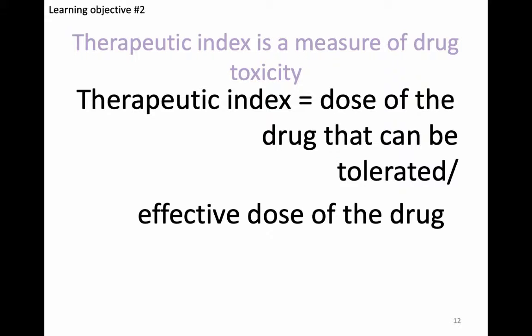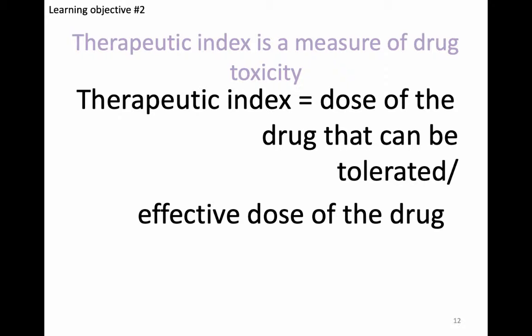If we have a number that's equal to 1 for therapeutic index of a drug, we see that the tolerated and effective doses of the drug are basically the same. So you will get some side effects probably from taking the drug. If the therapeutic index is less than 1, then the dose of the drug that can be tolerated is smaller than the effective dose, meaning you have to take more of the drug to deal with the infection than the human can tolerate.